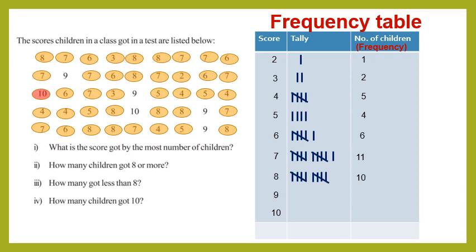Then write 10 here. Next is 9. Count 1, 2, 3, 4. Write 4 here. Next is score 10. Count 1, 2. Write 2 here. Then count the total we get. Total number of children are 45.